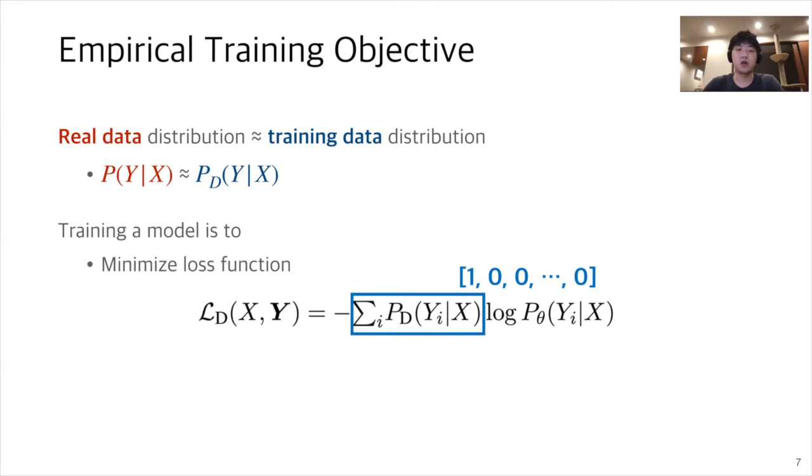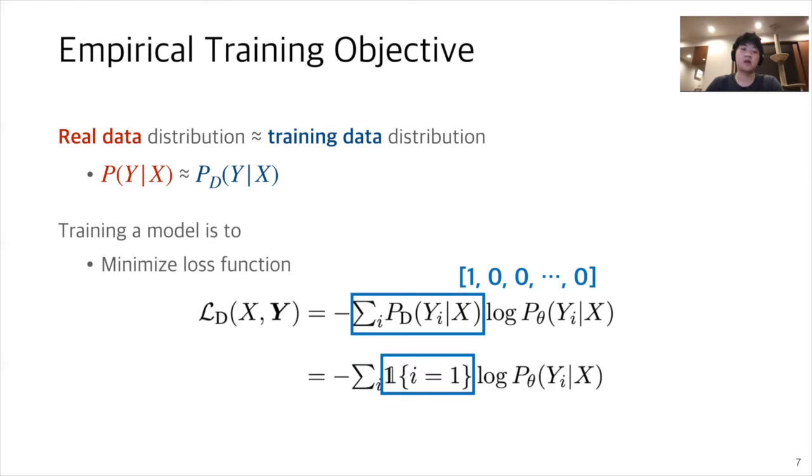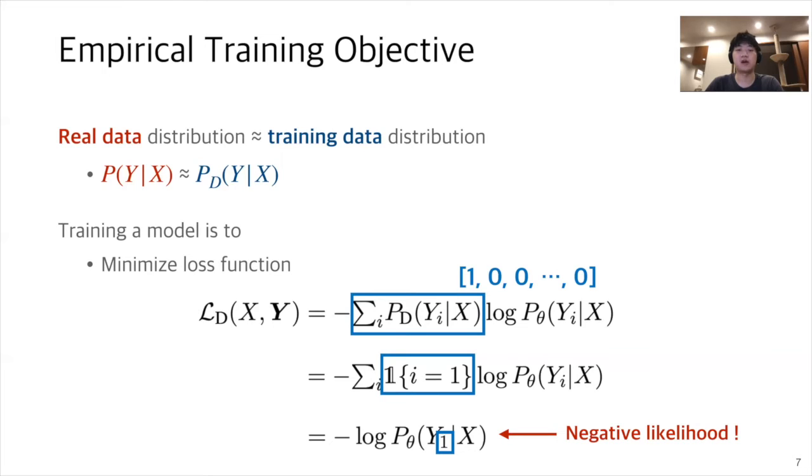In most data, we only have one response given each context. So the probability distribution P_D becomes a one-hot vector. And we can derive such a term, that is the negative likelihood. So the negative likelihood is the empirical training objective in most current dialogue systems.